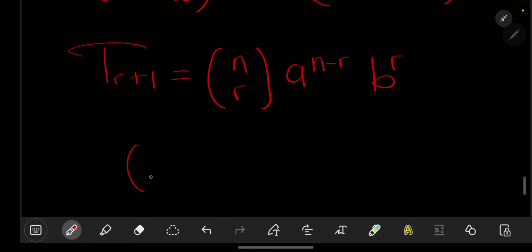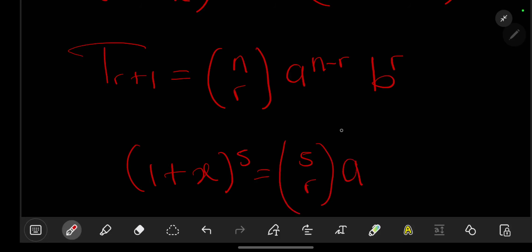Let's say you have your (1 + x)^n, and let's say your n is 5. You are going to have your 5 combination r, which you don't know. Then you have your a, and n is 5, so you will have your 5 minus r.